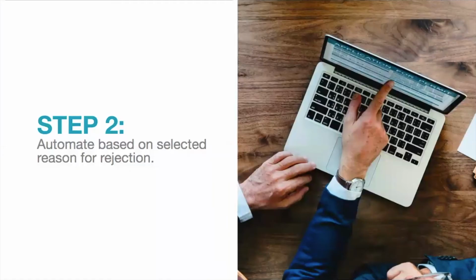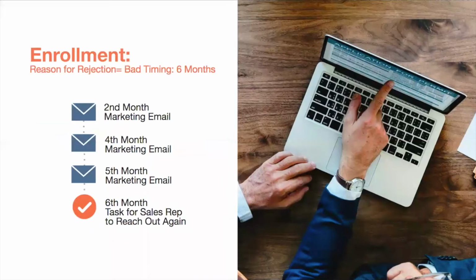And then what you want to do, the whole point of these properties, is to automate based on the selected reason for that rejection. So maybe this is one where 6 months is a bad timing. We decided in this workflow that it's going to be every other month in the very beginning that we'll send them just a basic marketing email.